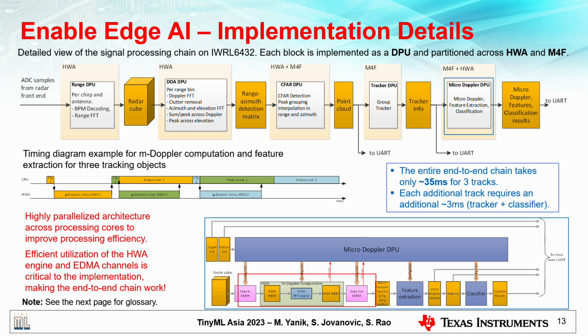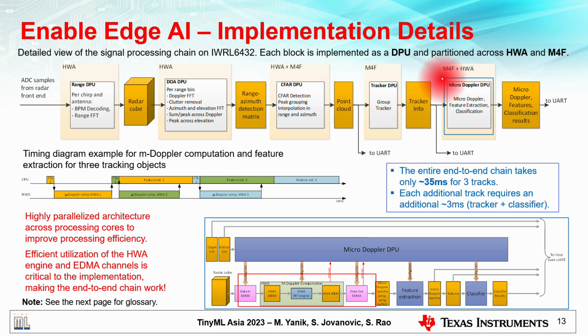So here, for every processing block that I just mentioned in the previous slides, we implemented them as data processing units with well-defined APIs, including detection, tracking, microdoppler generation, and everything. Everything is architected this way, so with well-defined APIs, different models can be injected here, or some of the processing blocks can be enhanced.